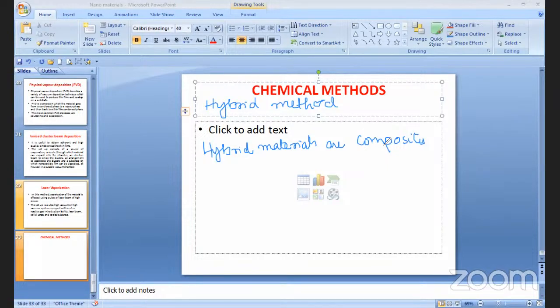Commonly, one of these compounds is inorganic, and the other is organic in nature.